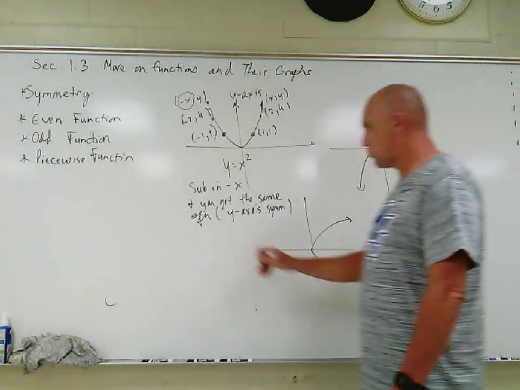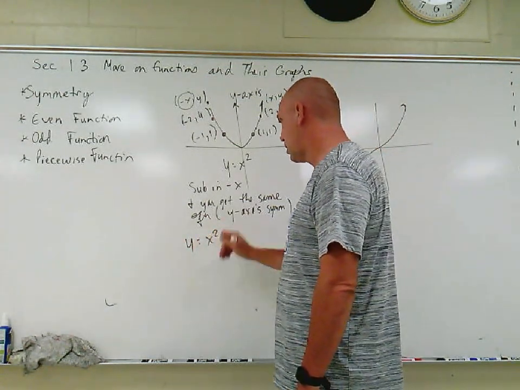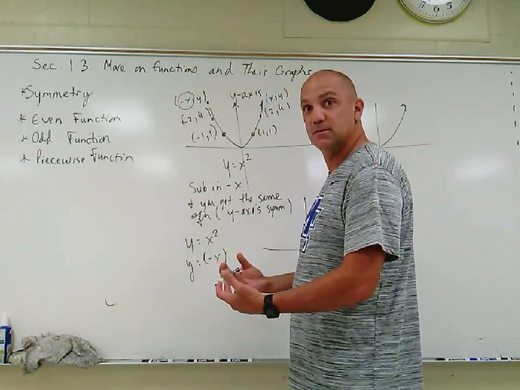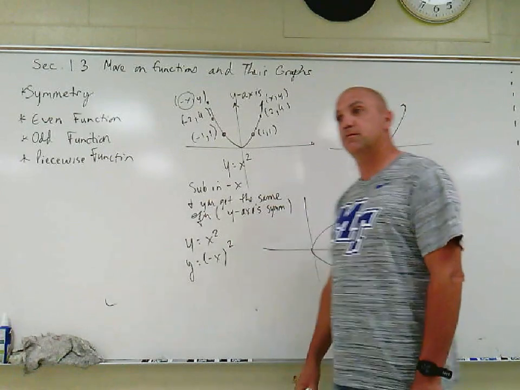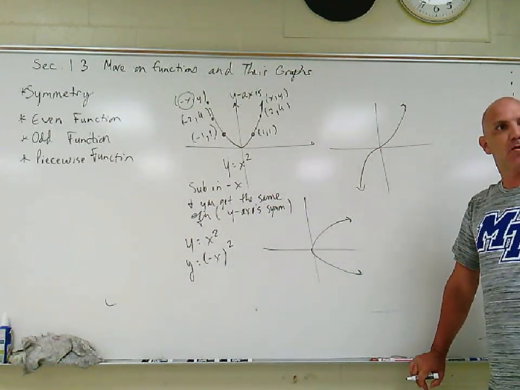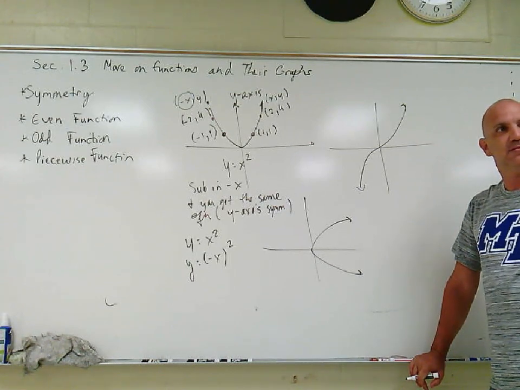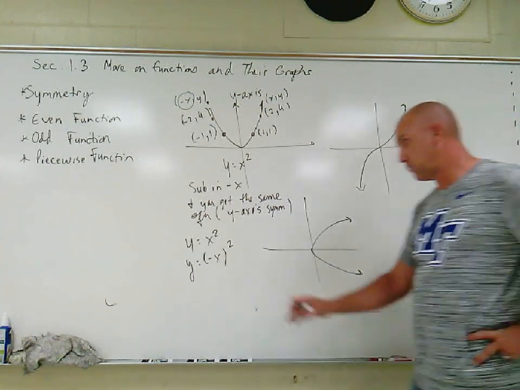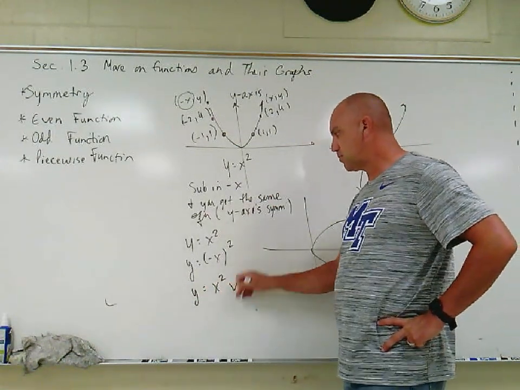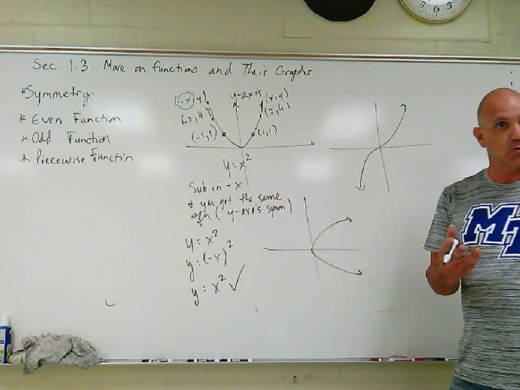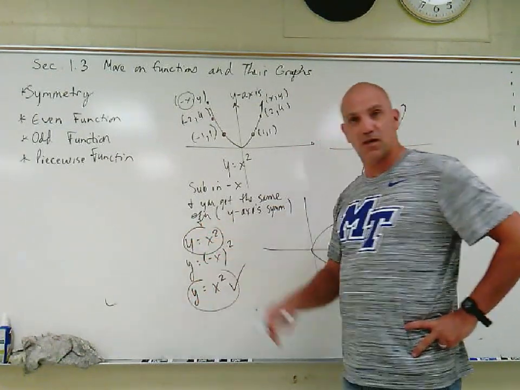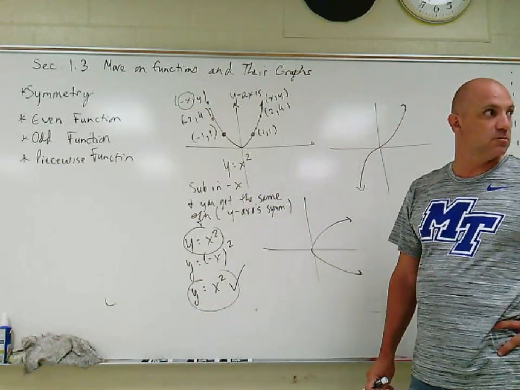So if I look at the equation y equals x squared, if I plug in a negative x in place of x, it's going to be negative x squared. Well, what happens if you square negative x? It becomes positive. y equals x squared, and thus it's symmetric about the y-axis. You've shown it there. So as long as what you start with and what you get at the end are the same, then you have y-axis symmetry.